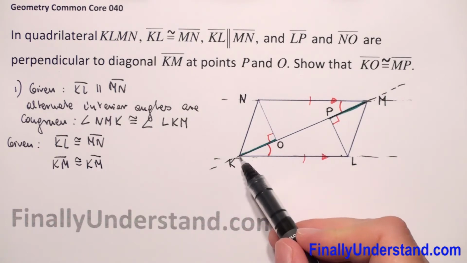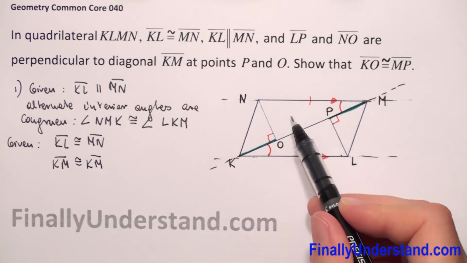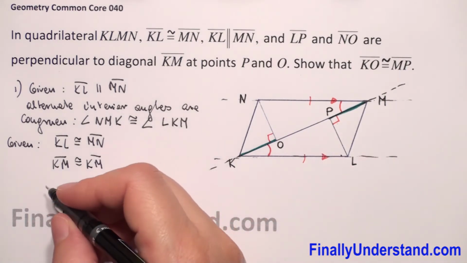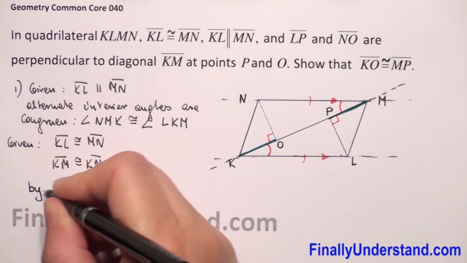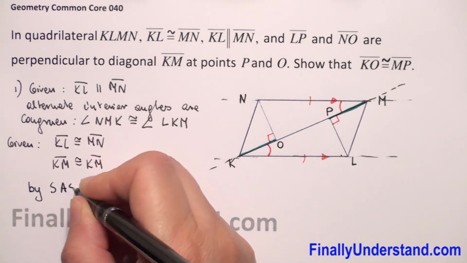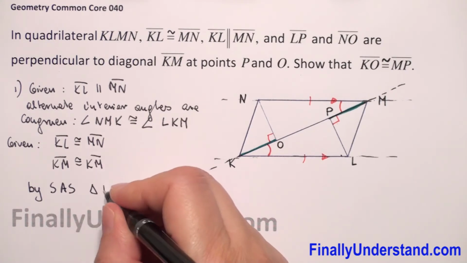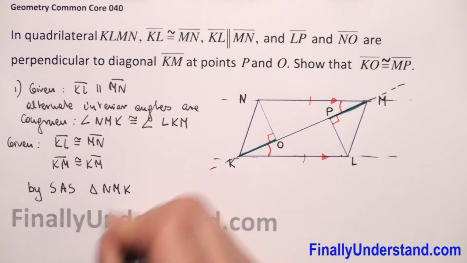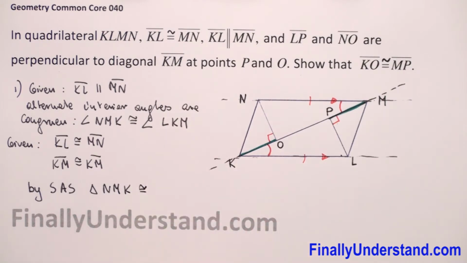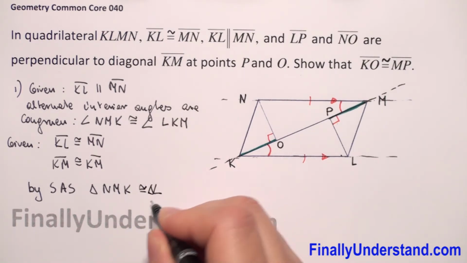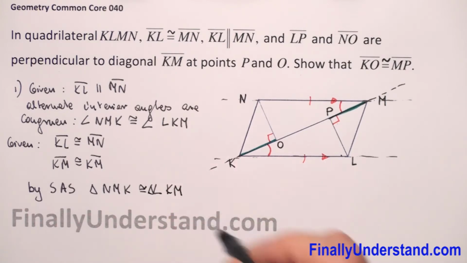So we have here two congruent triangles by side, angle, side postulate: triangle NMK is congruent to triangle LKM.